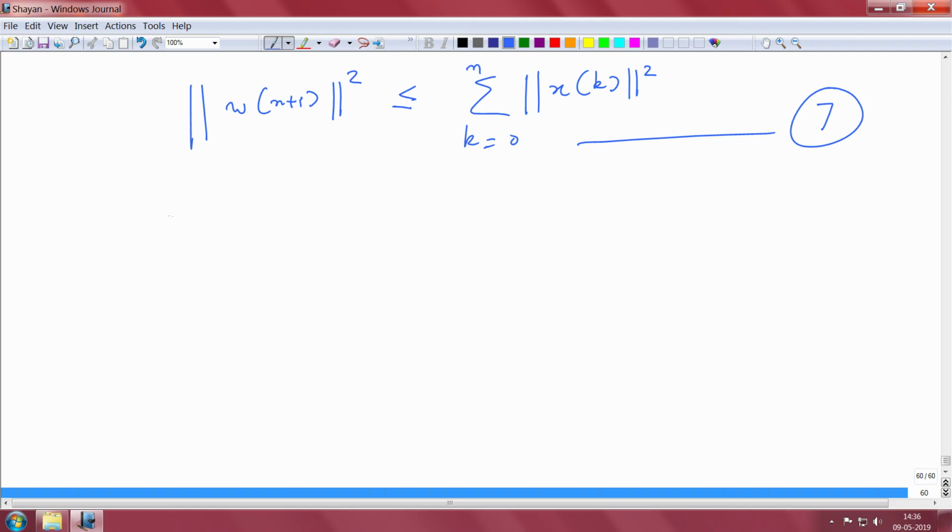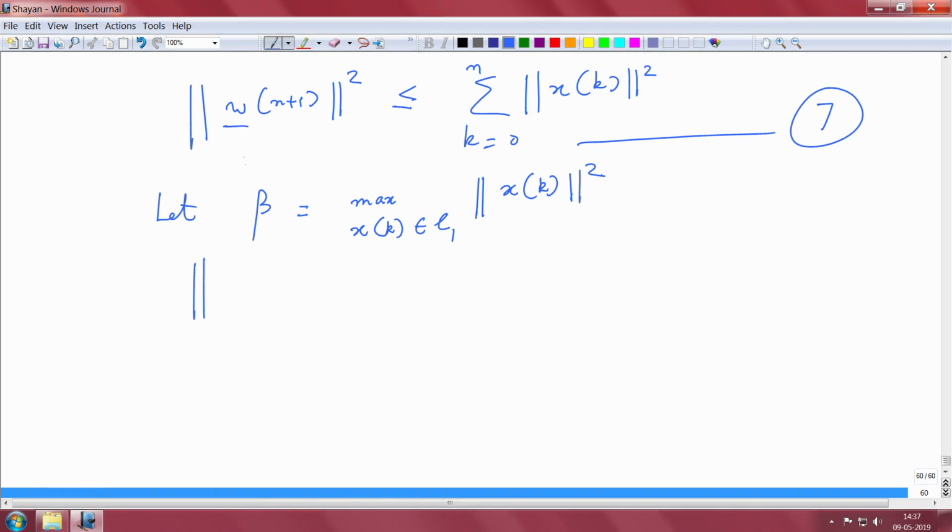So, let beta be defined as a quantity which is the maximum over all x k belonging to class C1 of norm of x k square, right. I am choosing the maximum because I need a sort of an outer bound here.